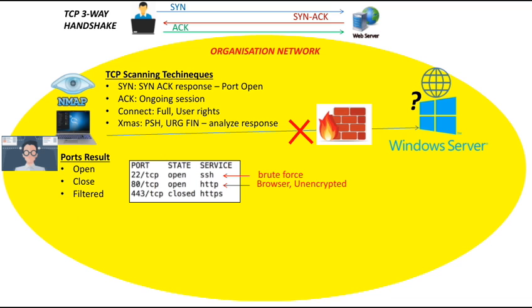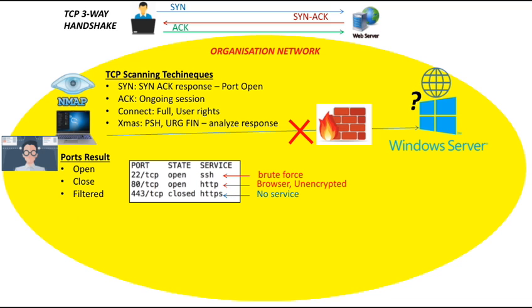So this HTTPS traffic is unencrypted. You can also use a sniffer to perform a man-in-the-middle attack, or to sniff the traffic which is flowing between two systems, since this traffic is unencrypted.